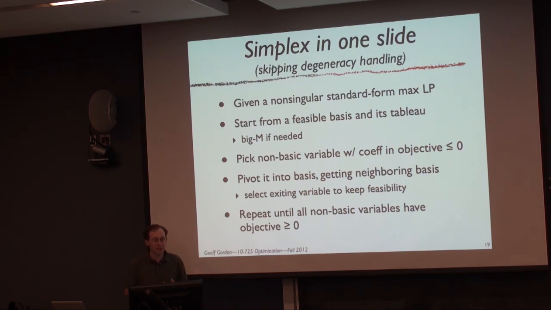You pick a non-basic variable that has a non-positive reduced cost. You pivot it into the basis, getting a neighboring basis. You select the exiting variable to keep feasibility. And you repeat, meaning going back to here. You keep picking something else to pivot in until you get to a point where everything that you could try and pivot in would wind up not helping your objective, and then you're done.